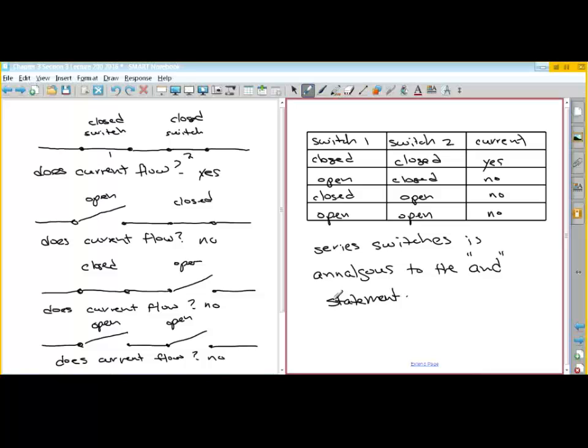And you can do the same thing for the other circuit, for the parallel circuit.